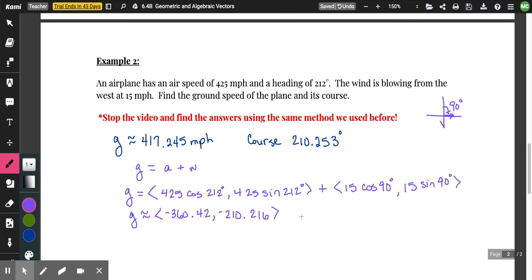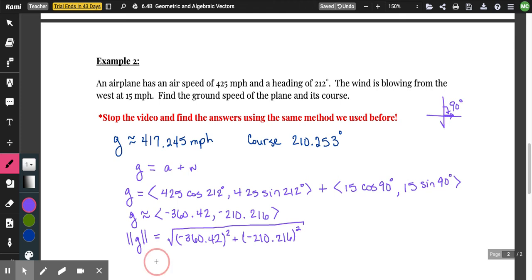So if I wanted to find out what the ground speed is, I would just need the magnitude of that vector, which now that I've got the horizontal and the vertical components of it, that's easy to find. I can just use the Pythagorean theorem. So I would take the square root of negative 360.42 squared plus negative 210.216 squared.